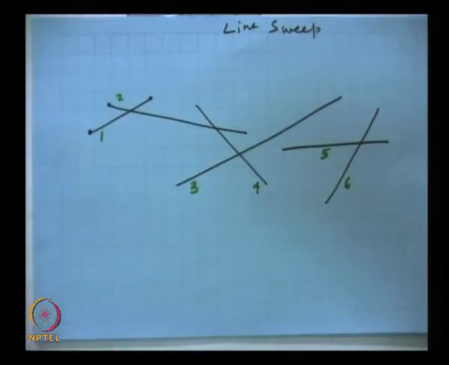Somehow we need to order the points like we did in the case of two dimensional maxima, where we start from the maximum x coordinate and move towards the smallest x coordinate, or some coordinate axis. Here we will start with the lowest x coordinate and move towards the highest x coordinate of the endpoints of the given line segments. That is the information that we have.